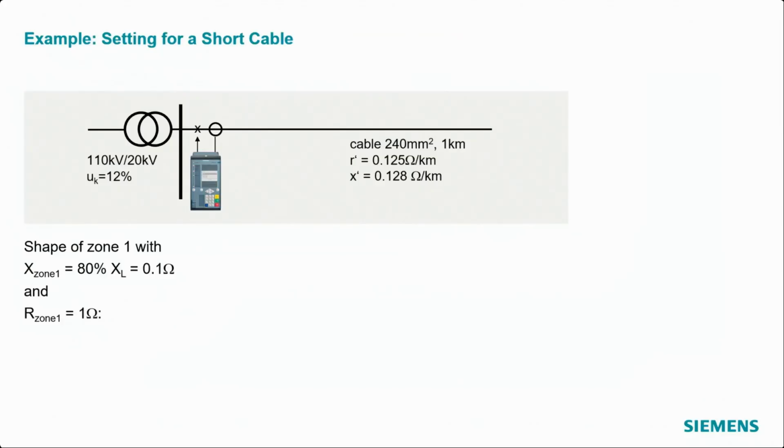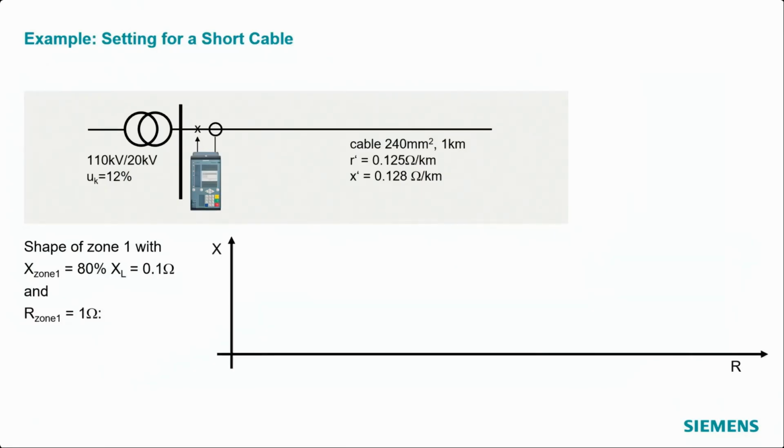But let's assume we want to set these values, 0.1 ohm and 1 ohm. How does the first zone look like? That is our complex plane, resistive values to the right and reactive values upwards. I can put in here the cable impedance, so you see the nearly 45 degrees.